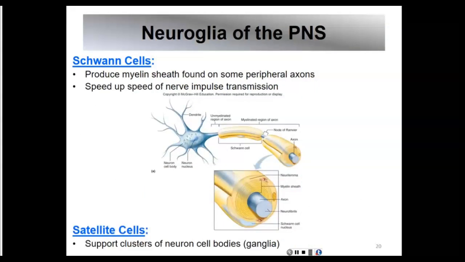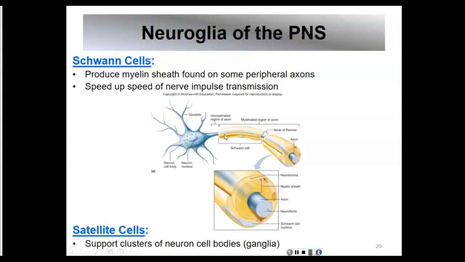Now, in the PNS, again, are Schwann cells, which produce myelin sheath around some of the peripheral axons. And the purpose of this myelination is to speed up the signal. When a signal is conducted from the cell body down the axon hillock, it will travel the length of the axon.